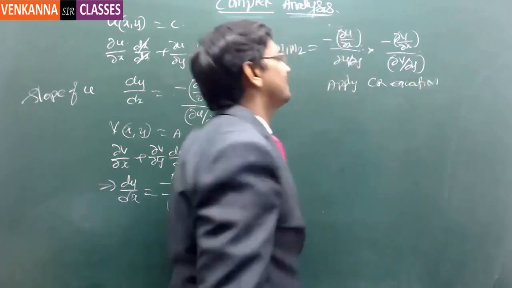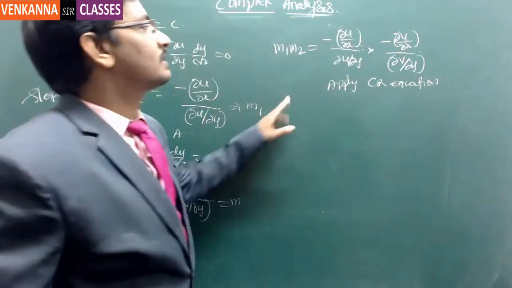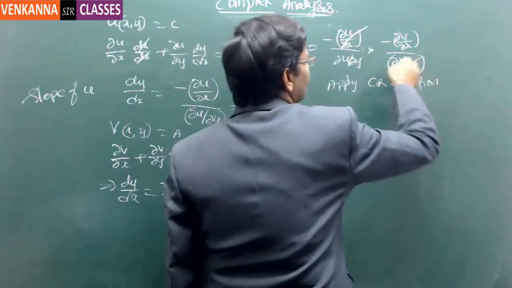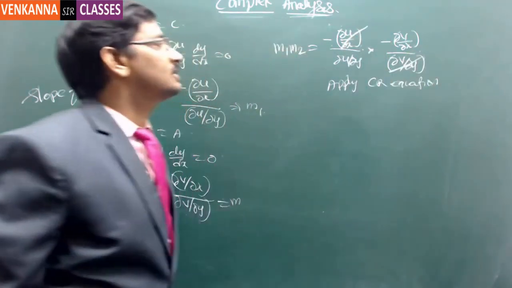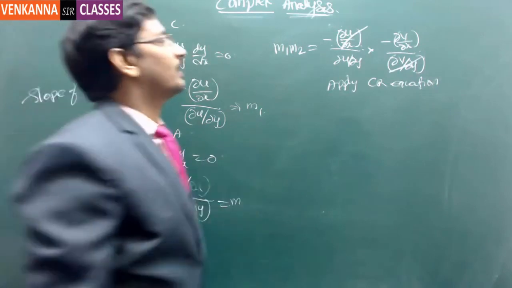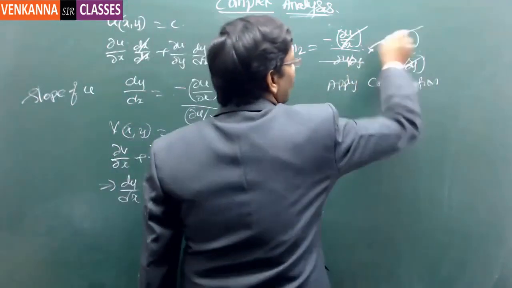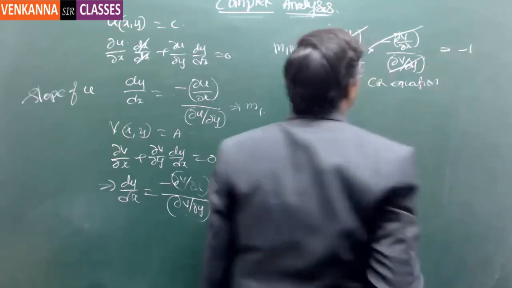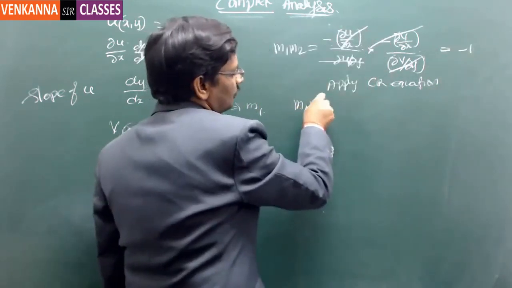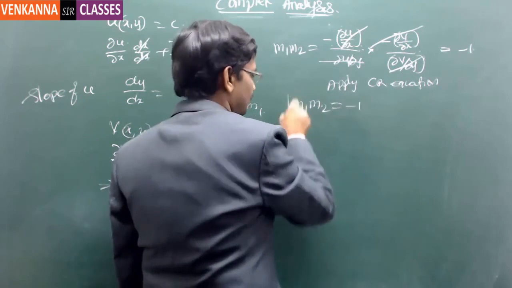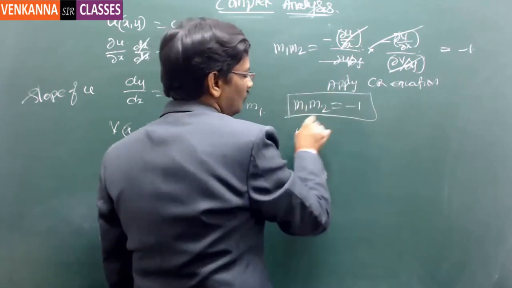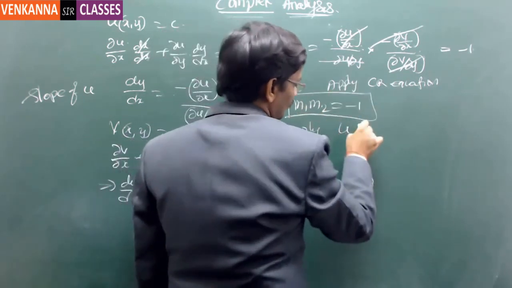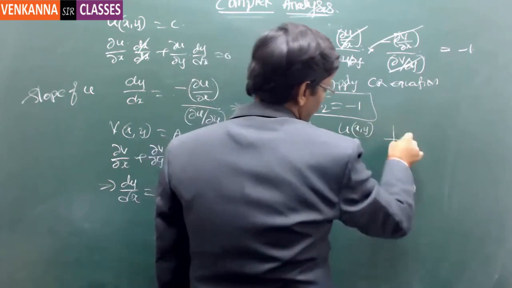If you apply the CR equations, dou u by dou x is nothing but dou v by dou y, so these two will cancel out. And dou v by dou x is equal to minus dou u by dou y, so these two with minus will cancel out. Whatever is left over is just minus 1. So m1 into m2 is equal to minus 1. This is exactly the reason why u and v are perpendicular. So u and v are always perpendicular to each other.